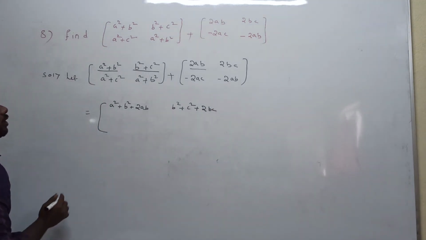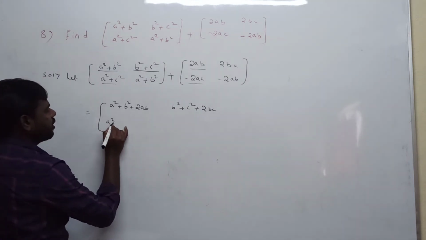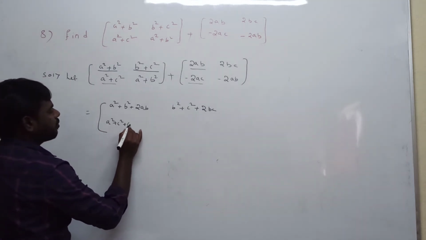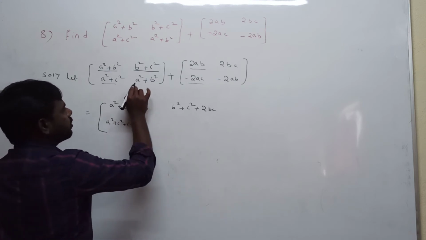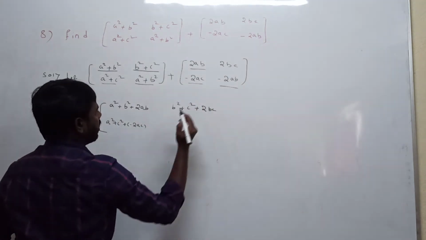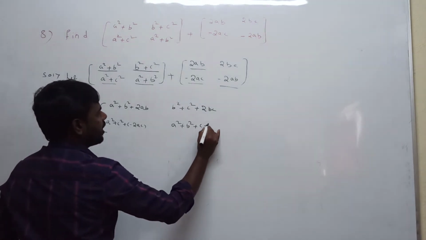Next, second row, first element plus first element, a square plus c square plus minus 2ac. Next, second element plus second element, a square plus b square plus minus 2ab.